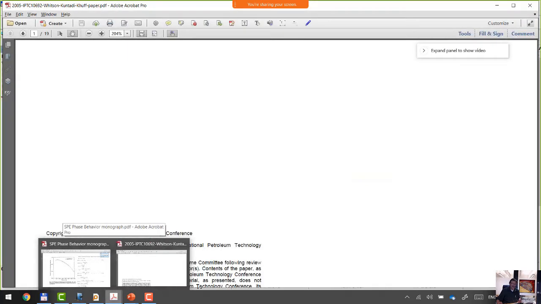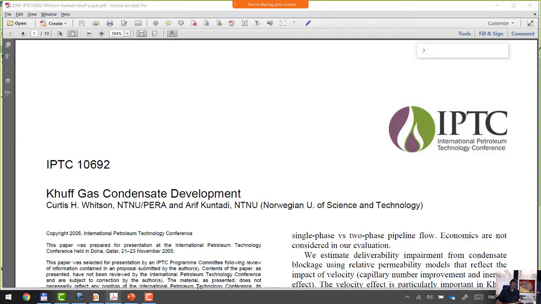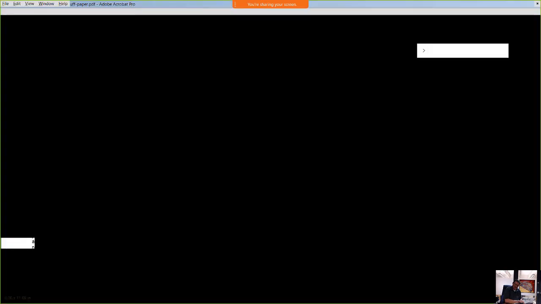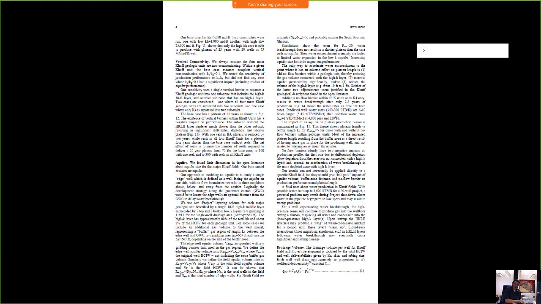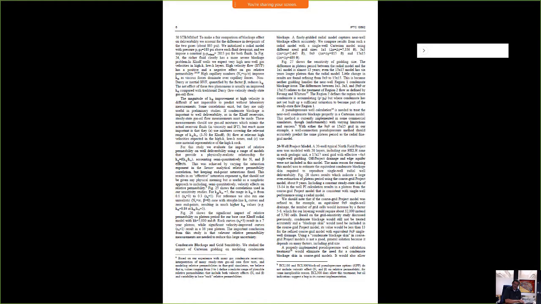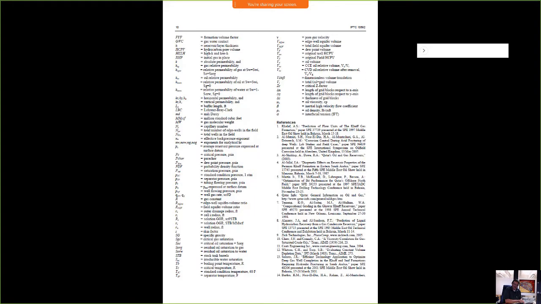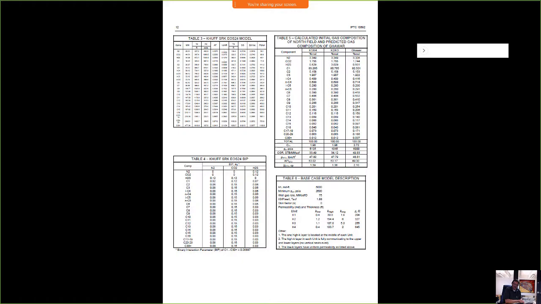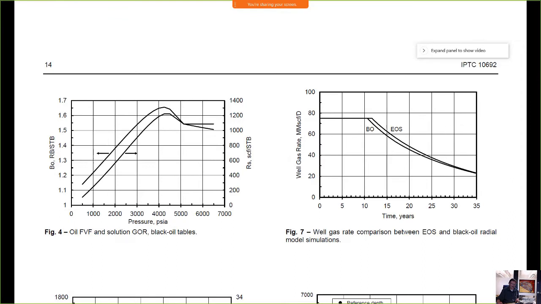It's like, okay. This is referring to your non-monotonic properties of BO and RS, the oil properties, the incipient oil properties, the retrograde condensate oil properties. You'll see it here as well. And it's very real. So you see the BO and the RS here, non-monotonic.